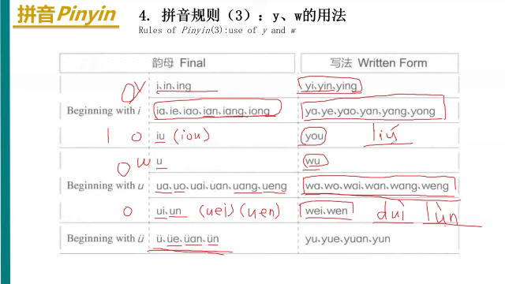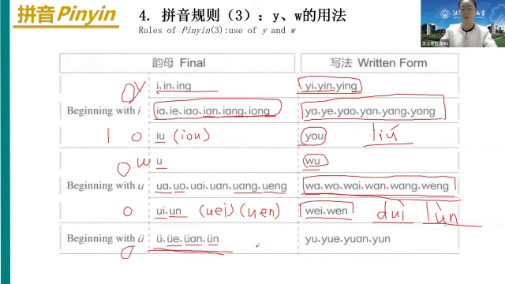Okay, please look at these finals beginning with ü. If there is no initial in front of these finals, what shall we do? So look at this written form. We just add the letter Y in front of these finals, and the 2 dots on top of ü should be removed.